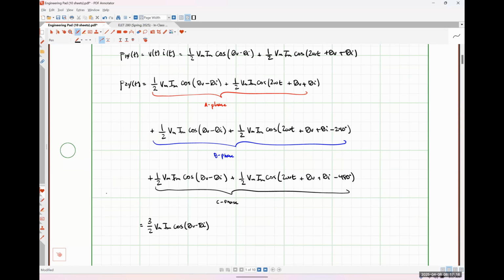So this is actually our expression for the average power absorbed by a three-phase balanced system as well. So the instantaneous power and the average power are literally the same because we're only absorbing a constant amount of power. Okay. So I'm going to put a box around this.